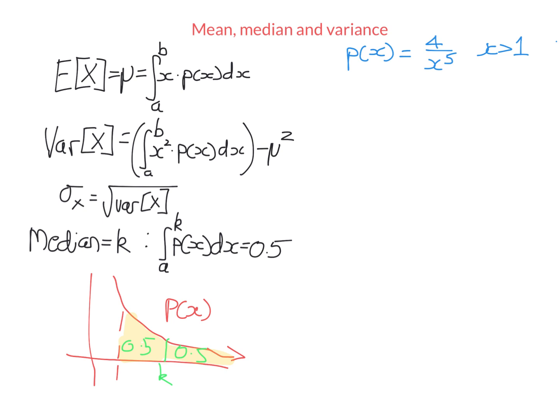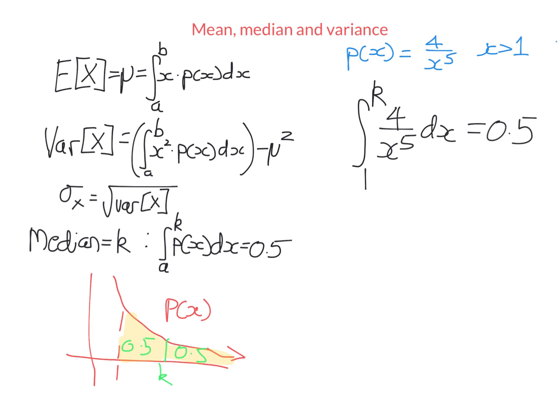So what we do is we integrate from a, the lowest value that x can take, in this case 1. So from 1 up to k of just the PDF. We don't times it by x or anything. So we want that to equal 0.5. This is actually an equation where we're solving for k. So this is 4x to the power of minus 5.